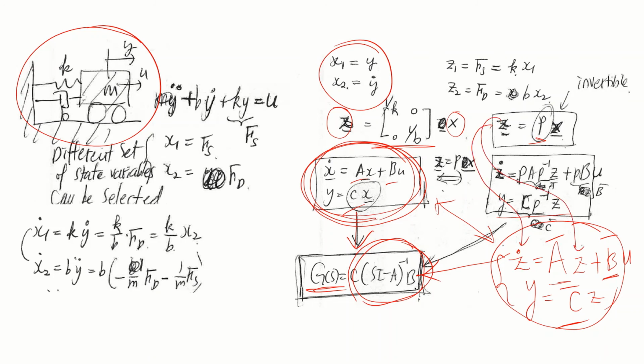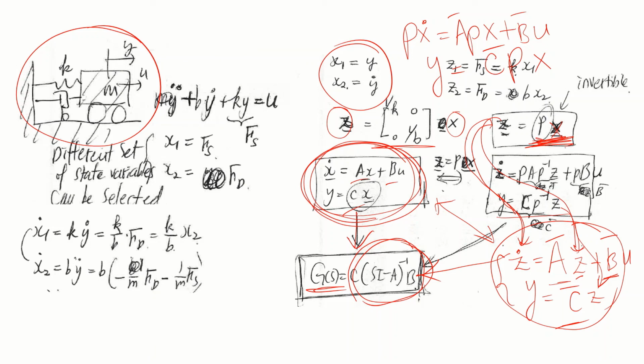So z is P times x, and you plug in these expressions here and here. Then z dot will be P x dot. You just differentiate this: P is constant, x is variable. So P x dot equals A bar P x plus B bar u. And here y is C bar P x, because z is P x.